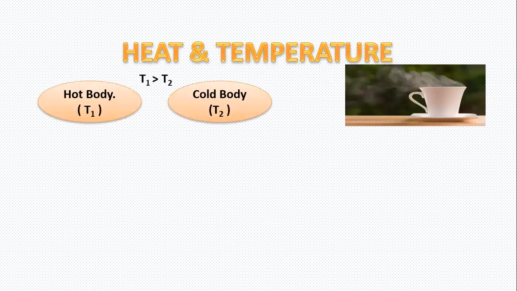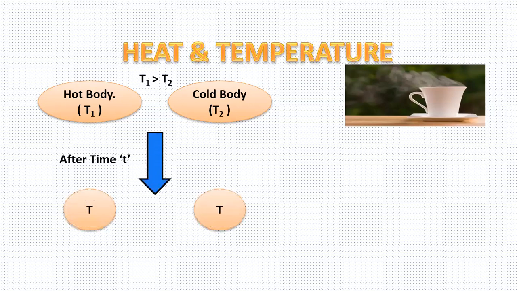What you see here is a cup of tea, which is very hot. Suppose the temperature T1 is greater than T2, then the body with higher temperature T1 is said to be the hot body, and the body with lower temperature T2 is said to be the cold body.